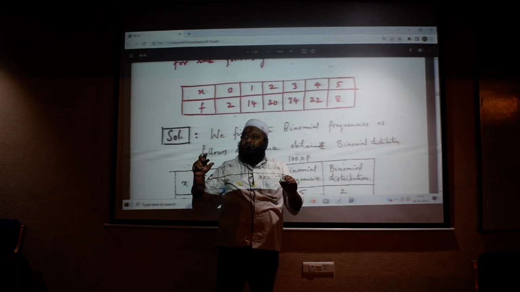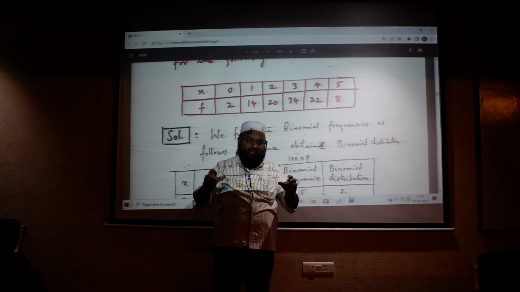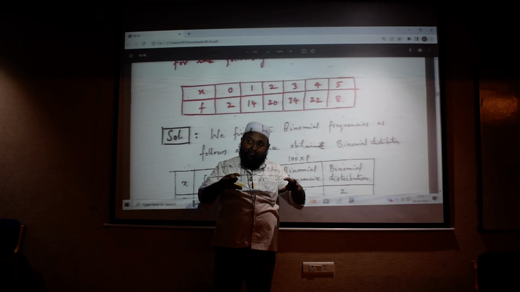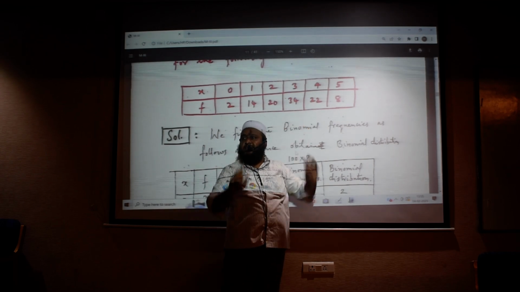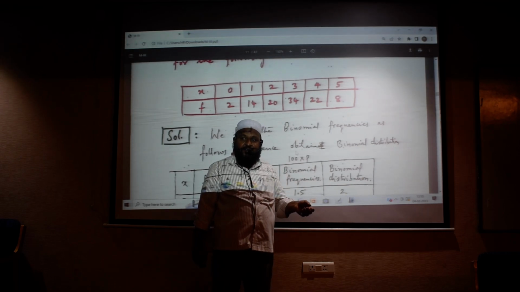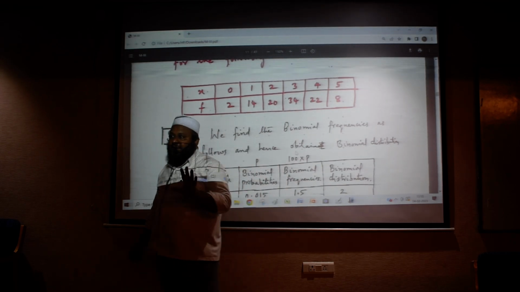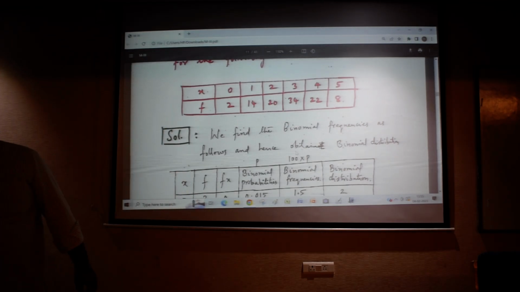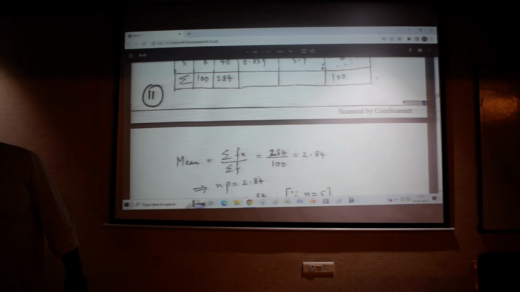So we have fit a binomial distribution to the given frequency distribution. Are you able to understand that point? Very good.